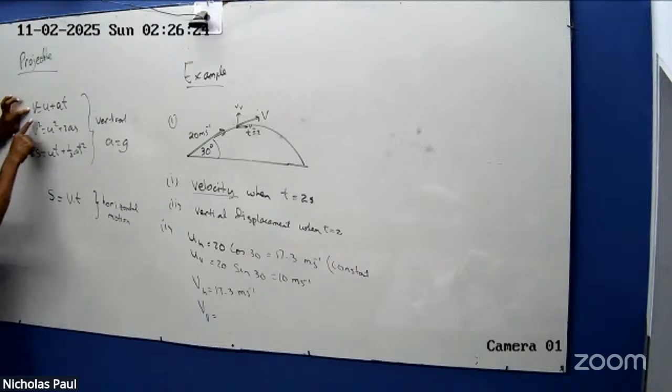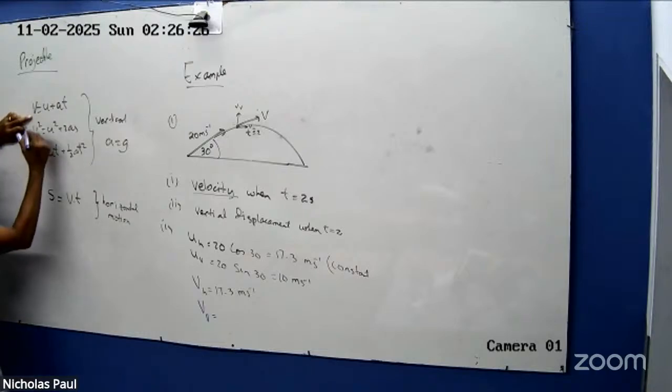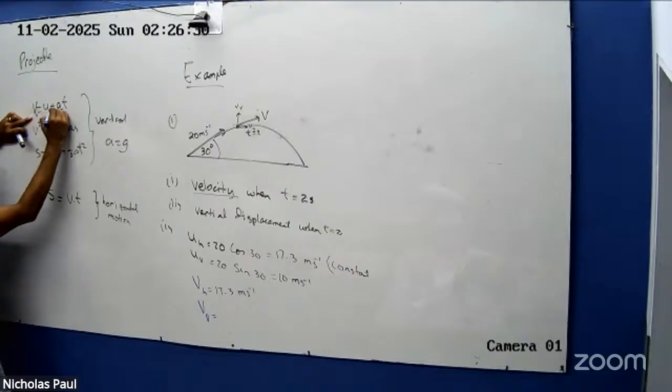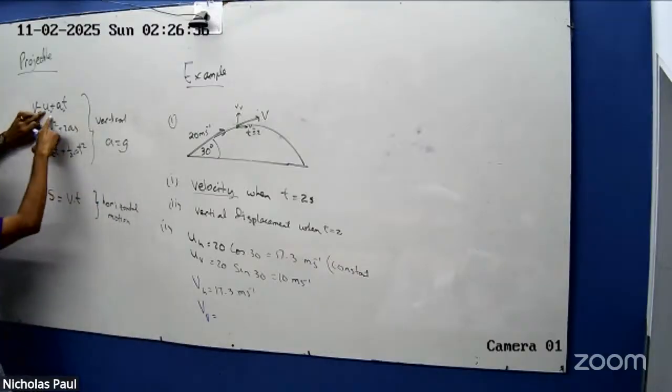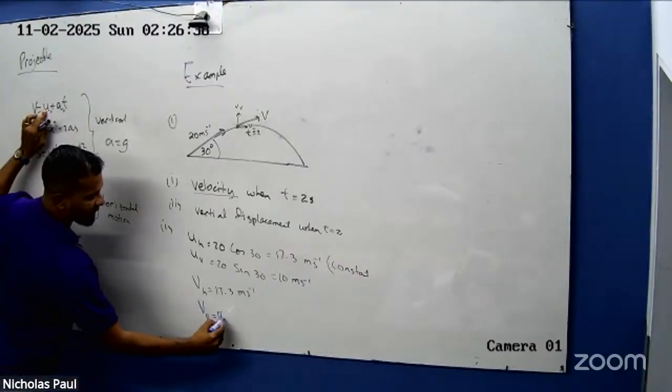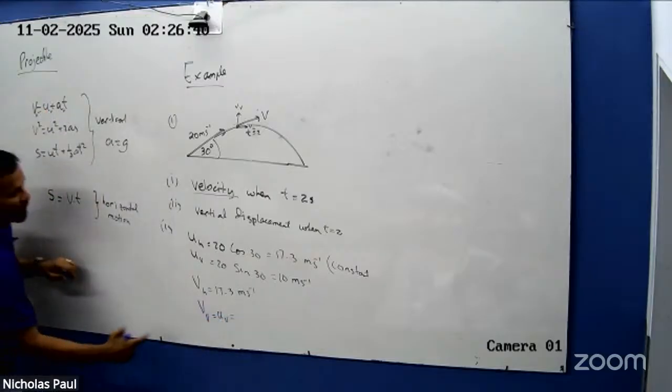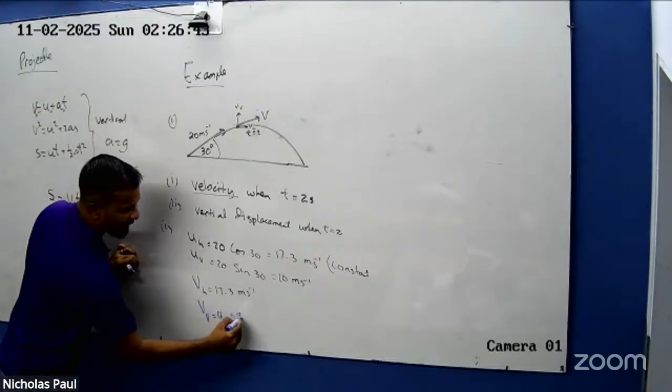I want to stress the fact that everything here must be vertical. So you want to find the vertical velocity v. We know the initial velocity vertically, we know acceleration vertically, and we know time.